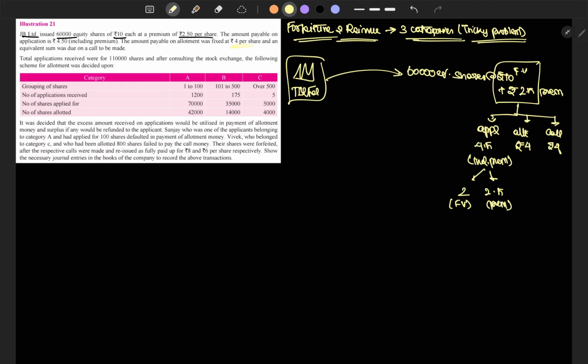And the total applications received is 1,10,000 applications.